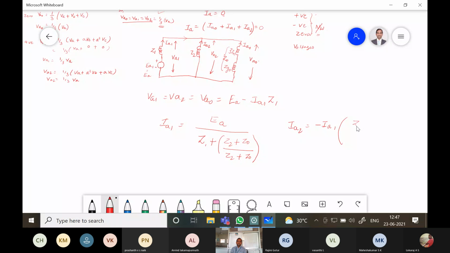Z0 is the opposite impedance. So we are writing by the current division rule to calculate the branch current. Right? So I want this branch current IA2 is equal to, the main current is IA1.